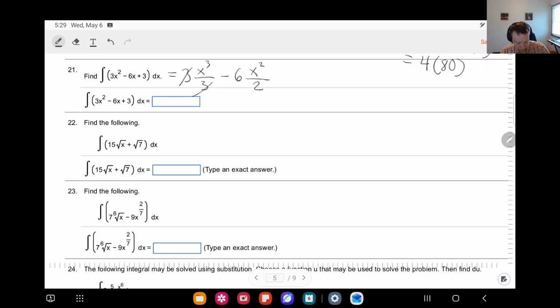The plus 3, that will become plus 3x. And do not forget plus c, because this is all antiderivatives. So you could have some constant there. So final answer would be x cubed minus 3x squared plus 3x plus c.